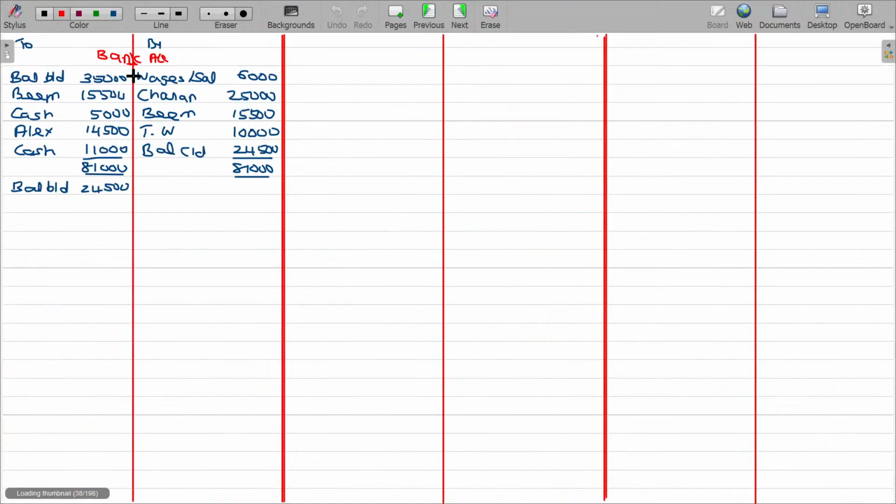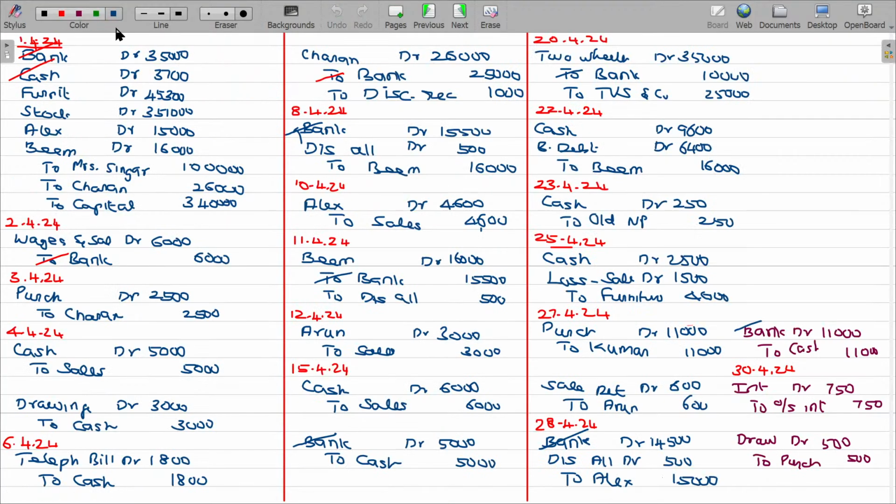Cash. So I'm going to open the cash account here. In case of opening journal entry, the value 3,700 should be posted in the debit side as balance brought down. Clear? Then find out the cash transactions to be recorded.